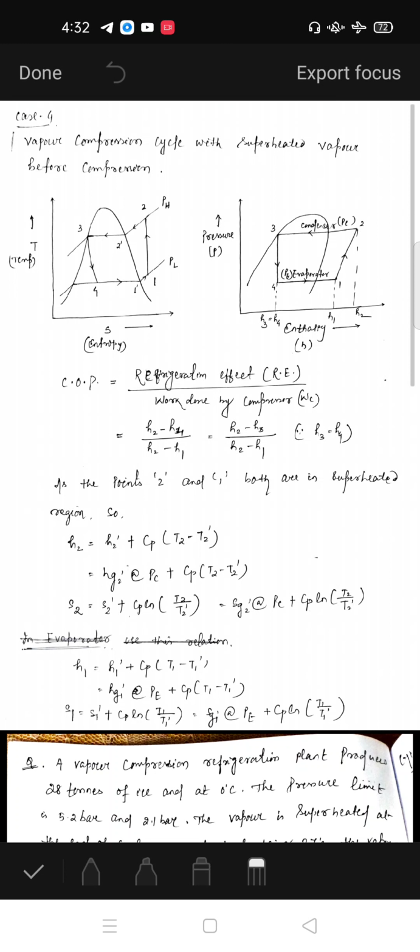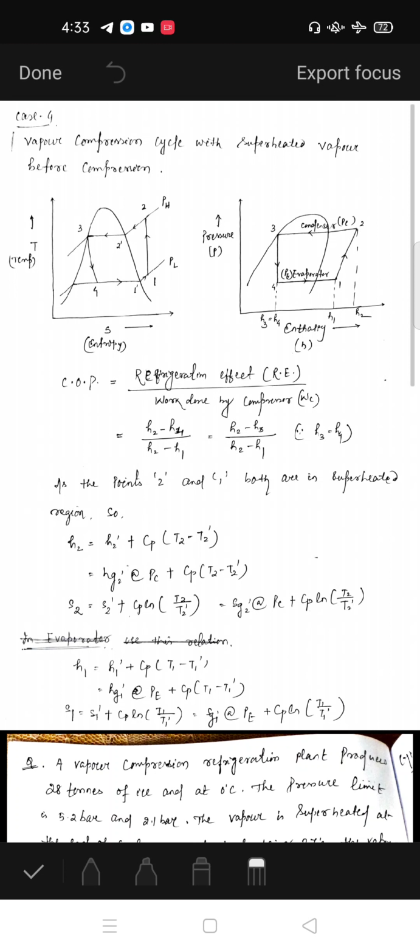Similarly, you can find the entropy at point 2, that is S2 will be S2 dash plus Cp ln T2 by T2 dash, and S2 dash will be Sg2 dash at the condenser pressure.